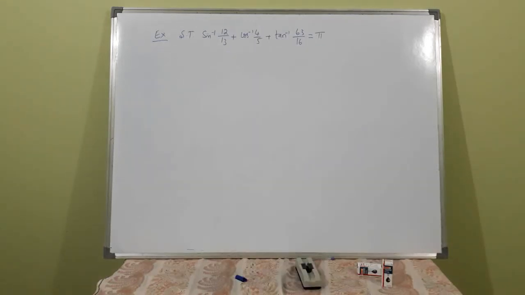Show that sin inverse of 12 by 13 plus cos inverse of 4 by 5 plus tan inverse of 63 by 16 is equal to π. This is what you have to prove.